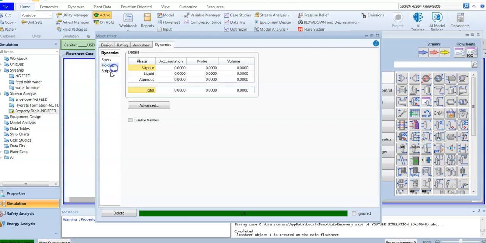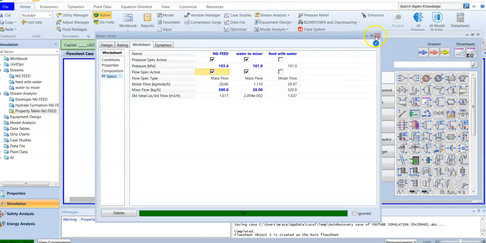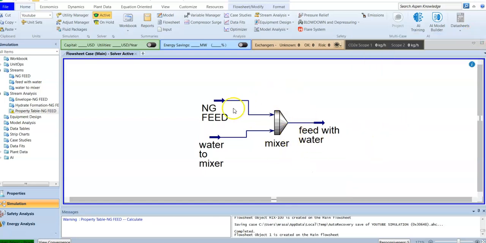Okay, the strip chart, this one will be really important for the dynamic simulation, because having a strip chart is the best way to visualize or to track the change in the pressure. Okay, so I just want to make it simple right now. Here we have our solver, how we know that our mixer is converged. The streams will be dark blue.